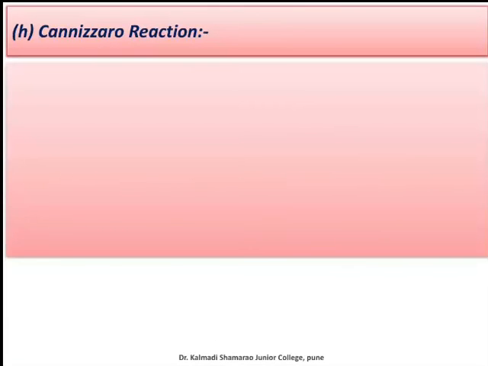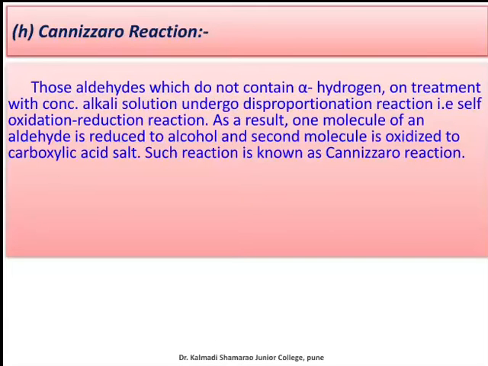The next reaction is the Cannizzaro reaction. Those aldehydes which do not contain alpha hydrogen, on treatment with concentrated alkali solution, undergo a disproportionation reaction, that is a self-oxidation reduction reaction. As a result, one molecule of an aldehyde is reduced to alcohol and the second molecule is oxidized to a carboxylic acid salt. Such a reaction is known as the Cannizzaro reaction.